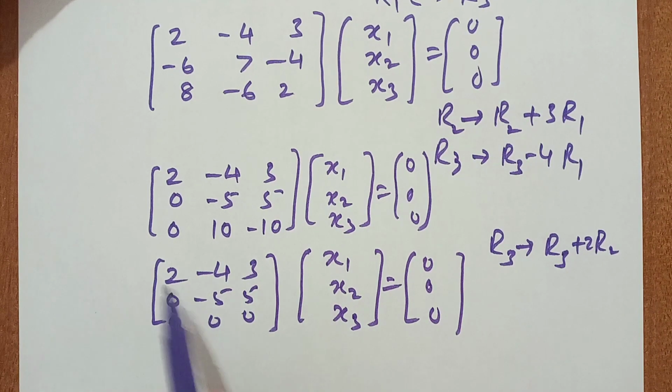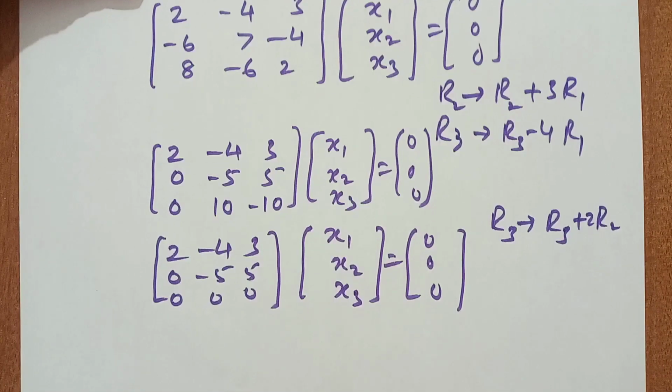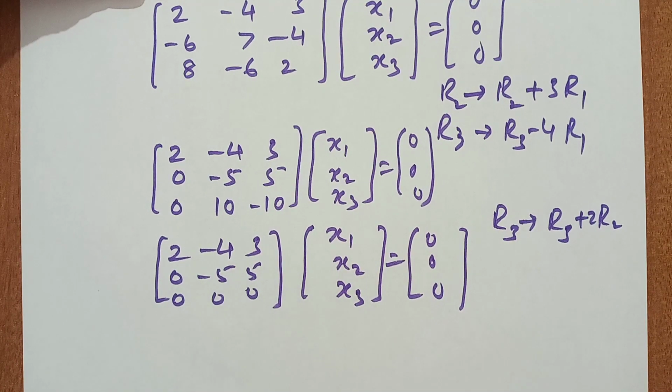So all elements below the main diagonal are 0. You can also divide by 5, which makes it very easy, minus 1 and 1, but no problem.